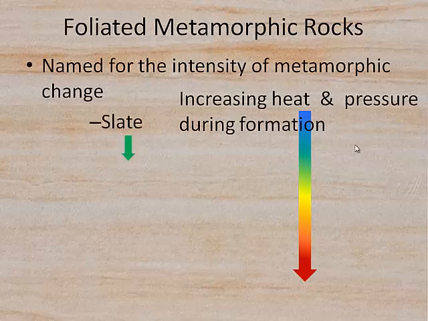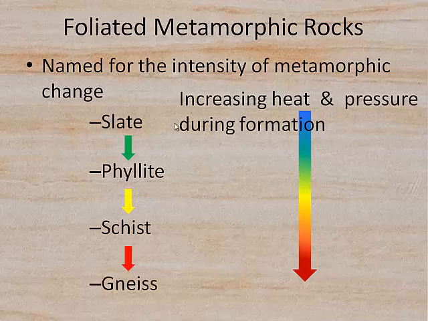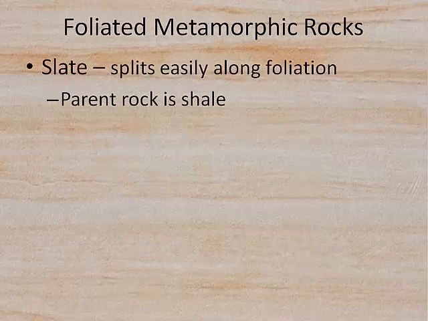So, increasing heat and pressure cause increasing change in the rocks. Slate has the least amount of metamorphic change. Gneiss has the most. And phyllite and schist fall in between. In that order: slate, phyllite, schist, and gneiss. It's important to remember that.